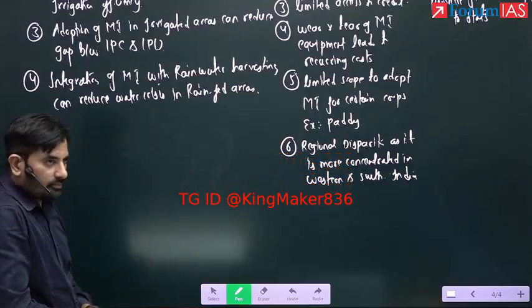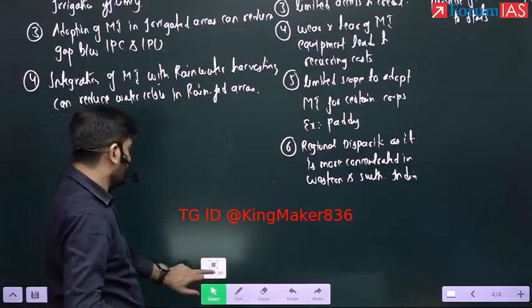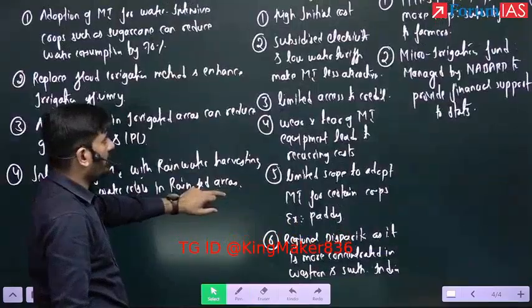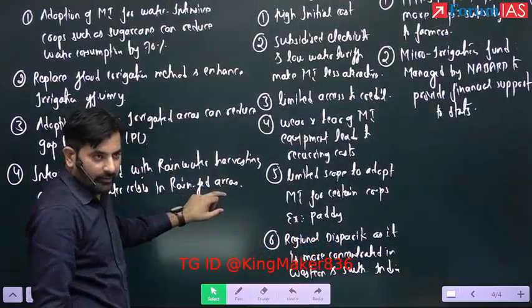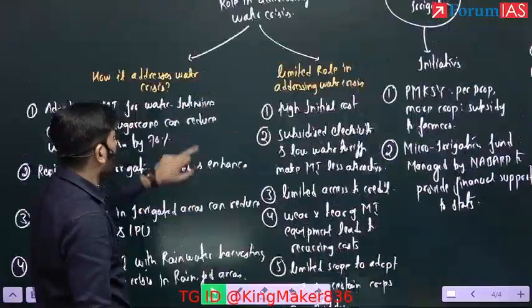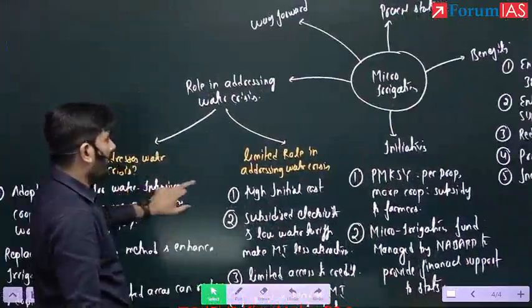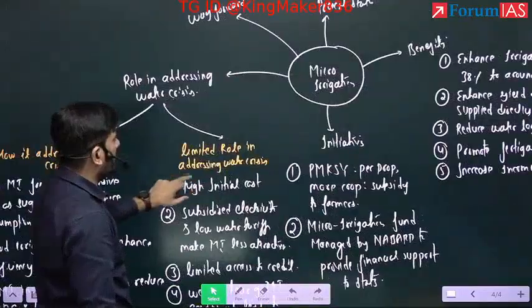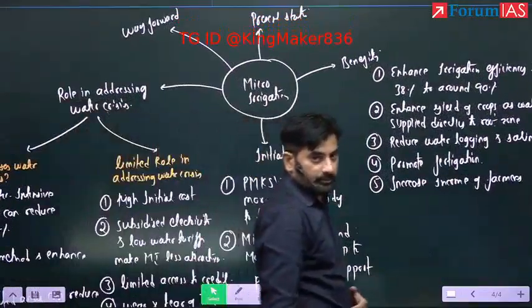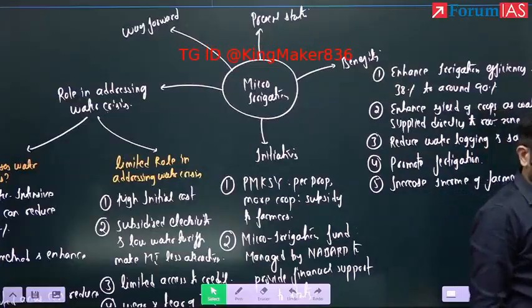So these are some of the points that you can say that the micro irrigation is less attractive. समझ आया? Okay. Now you need to take a stand. You tell me, do you think micro irrigation can solve the water crisis of India? To a certain extent, obviously.